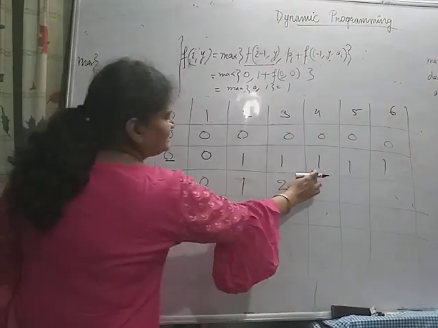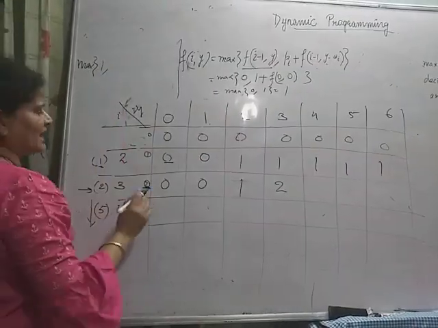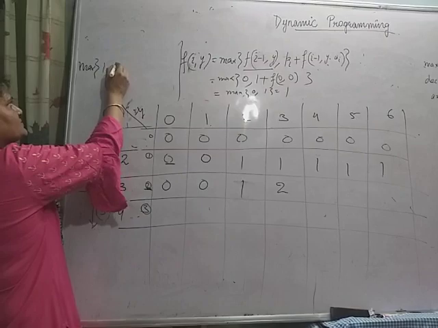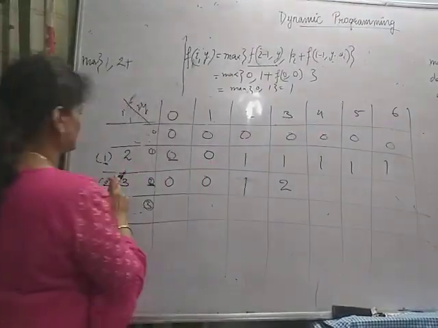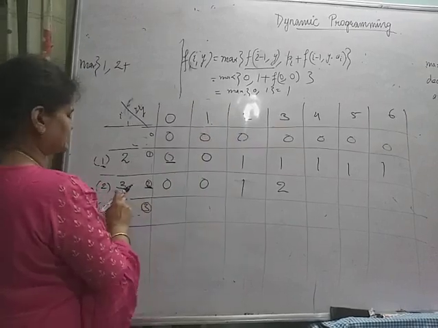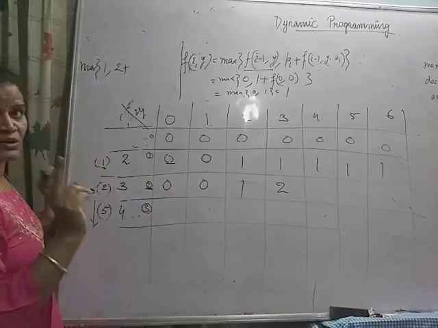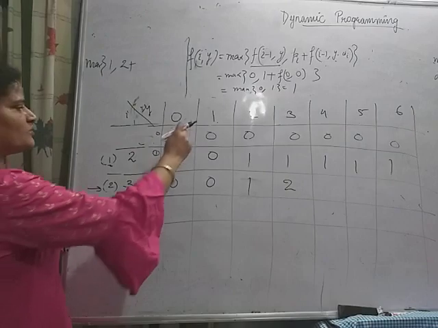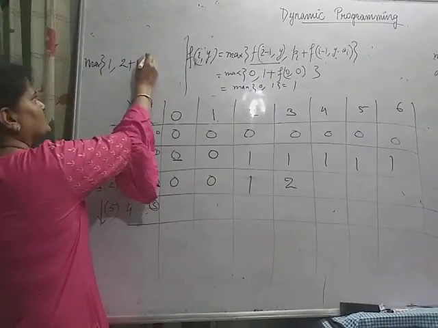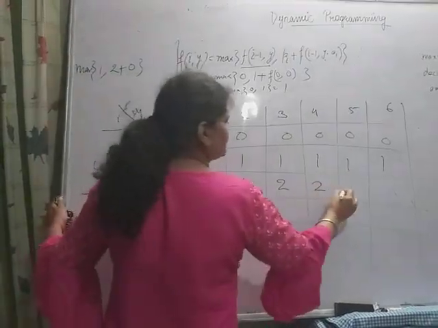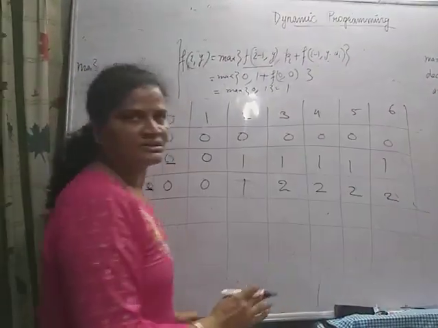The previous entry, that is 1. Okay, and the current object profit is 2 plus what? The 4 minus 2, 4 minus 3, sorry, 4 minus 3 is 1. So now here in the previous entry, see, in the 1 this is 0. So here again 2. The same you can check, for all it is 2.